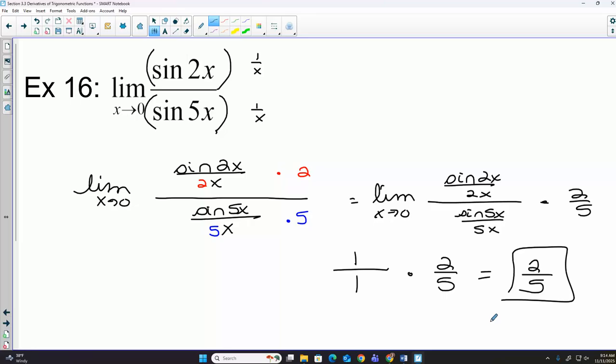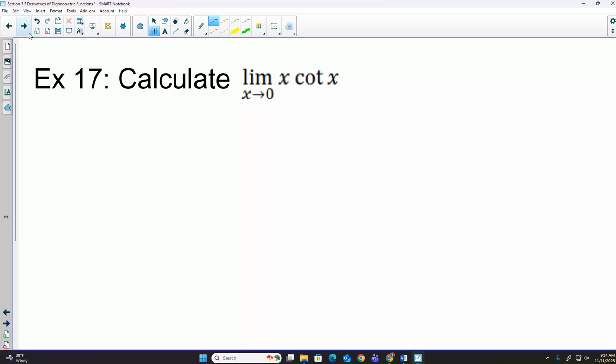One more. Limit as x approaches 0 of x cotangent. I can't just plug in my 0 because cotangent 0 is undefined.